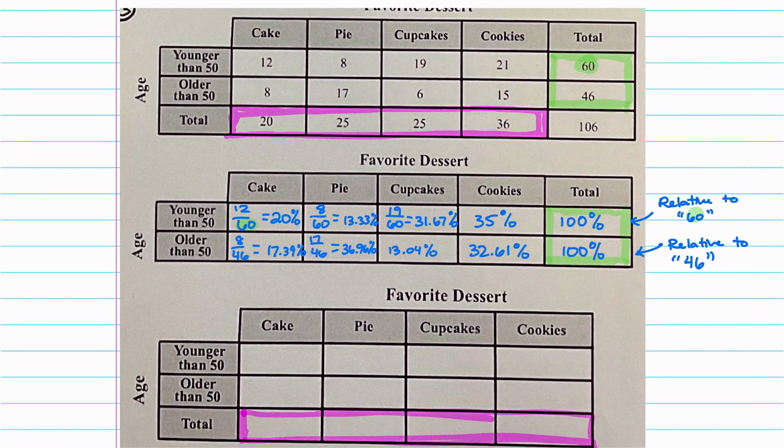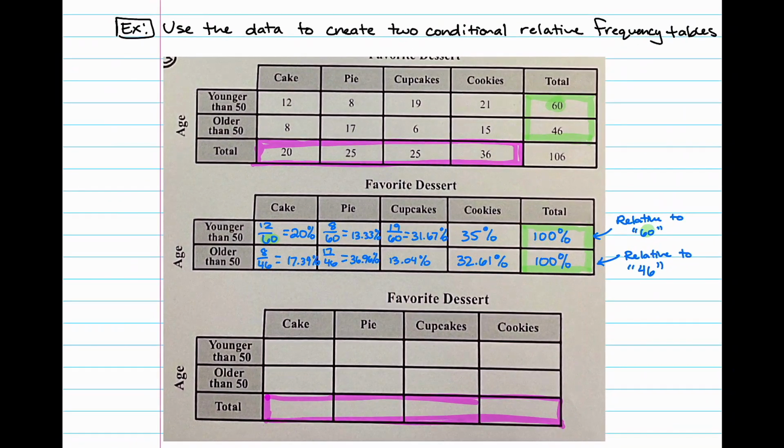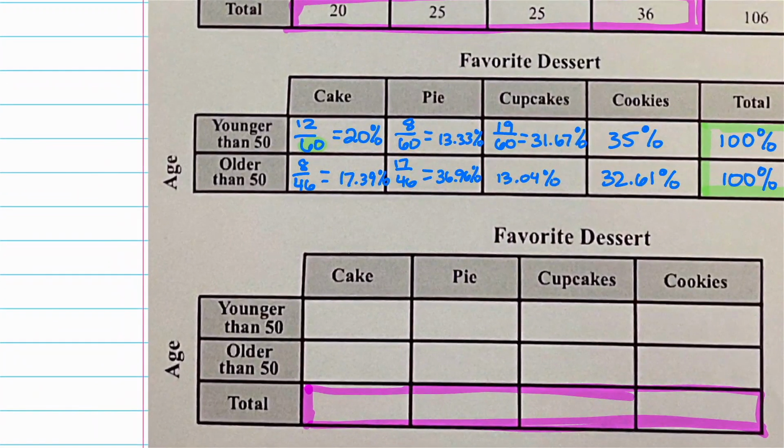So relative to the cake, this is 12 out of 20. If I want to do relative to the cake, this is going to be 12 out of 20. I hit enter on my calculator. That's going to be 0.6. Move the decimal 2 times to the right. That's 60%.